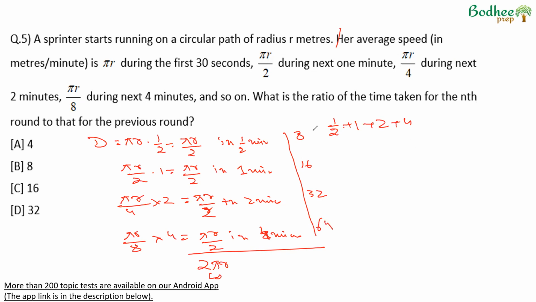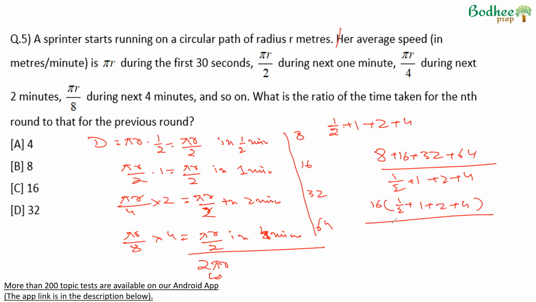So, for the second round, time will be 8 plus 16 plus 32 plus 64. For the first round, time is half plus 1 plus 2 plus 4. From the numerator, if we take out 16, we'll get 16 and 8, half, 16 and 16, 1, 16 and 32, 2, 16 and 64, 4, upon half plus 1 plus 2 plus 4.